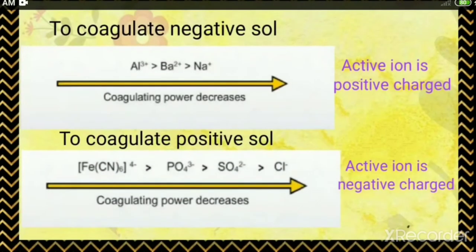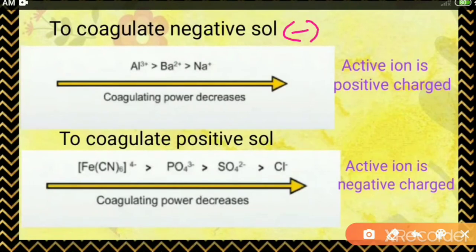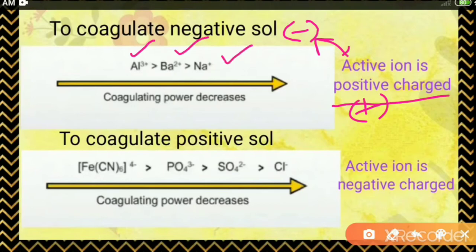Let us take an example. Let our sol be negatively charged. At that time the positively charged ion will be the active one, that means it should be opposite. If our sol is negative, then the active ion should be positive. Here are some examples of positively charged ions: Al3+, Ba2+, Na+.